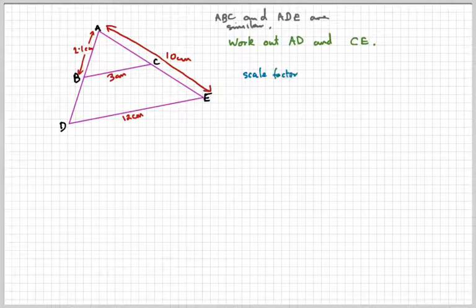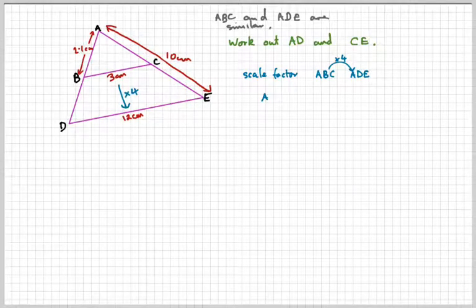Well, let's look at what the scale factor between the two similar triangles is. So if we compare ABC to ADE, well, we know that it's been times by 4 because these two sides here are corresponding and we times 4 there. So the scale factor between all the corresponding sides will be times by 4. Okay.